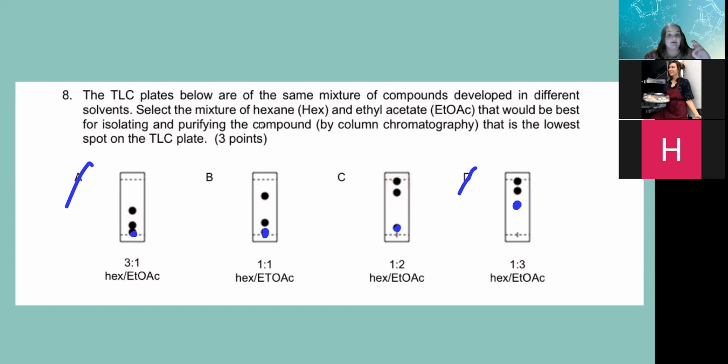Normally, that's not ideal. However, in this case, it's great because we want to isolate this one. The fact that the other two will run off the column pretty quickly together means we can definitely get just our compound by itself. So the best separation here is going to be C.